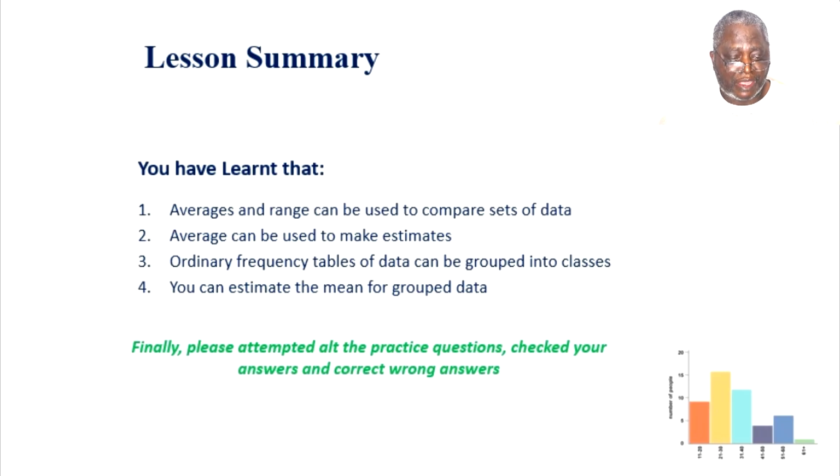You've also learned that averages can be used to make estimates. You've learned that an ordinary frequency table of data can be grouped into classes and they should not overlap. And then you have learned that you can estimate the mean of grouped data.